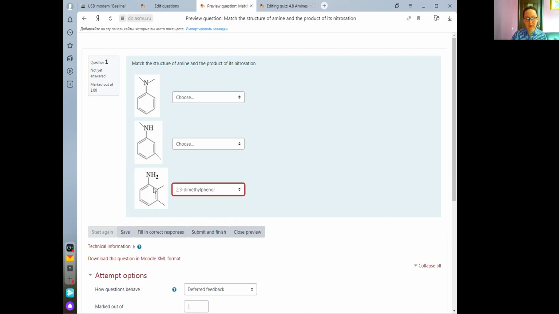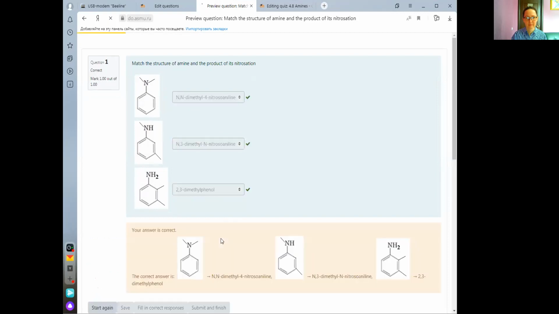For this compound, 2,3-dimethylaniline, the result of nitrization is 2,3-dimethylphenol, and so on. The result for tertiary will be 4-nitroso, and for secondary it will be N-nitroso. Correct.